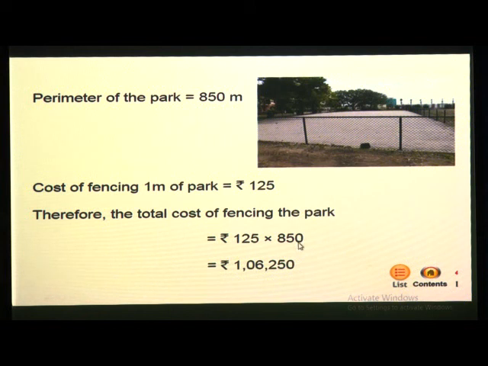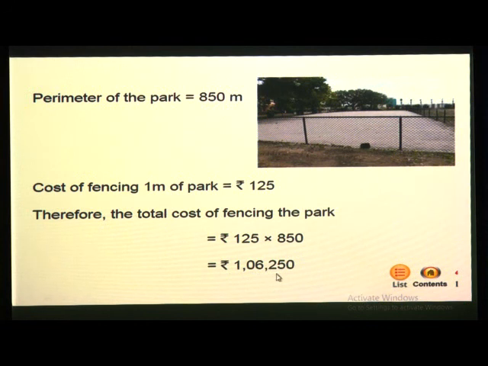Okay. Because for fencing of 1 meter of park we require 125 rupees, and how many meters do we have in total? 850 meters. It was the perimeter of the rectangular park. So we have to multiply this. So we got the answer as 1,06,250.